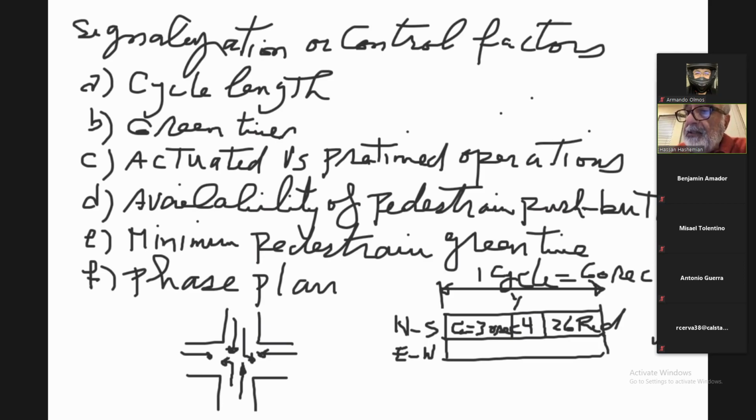Now, if north-south is 30 seconds green time and yellow time is 4 seconds, therefore the red time here is 34 seconds, because while it is green and yellow in north-south, the cars should not move on the east-west.